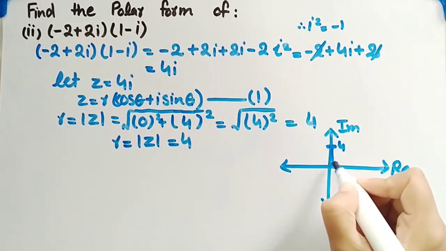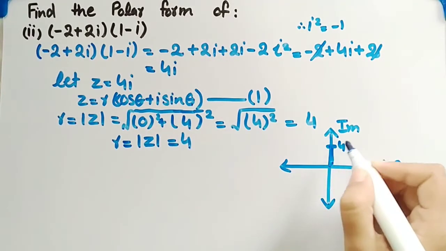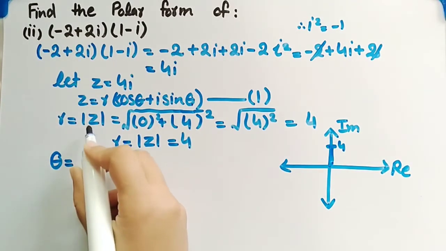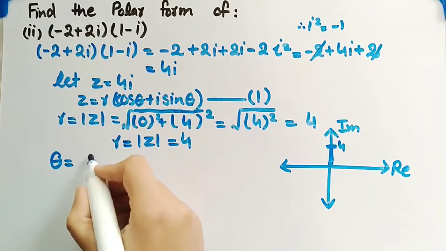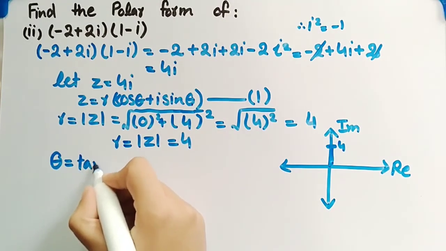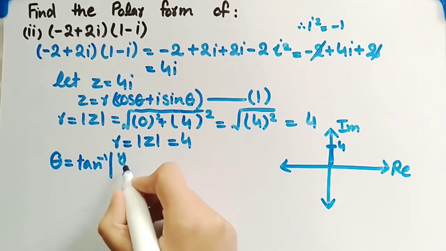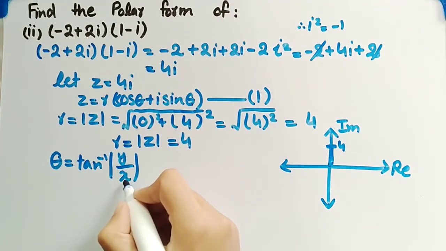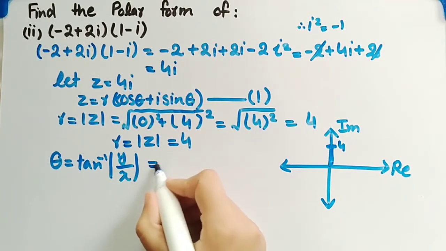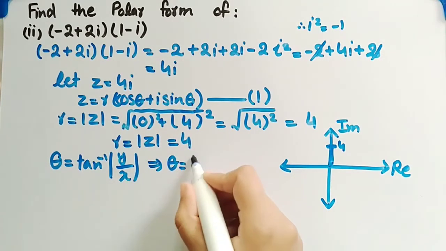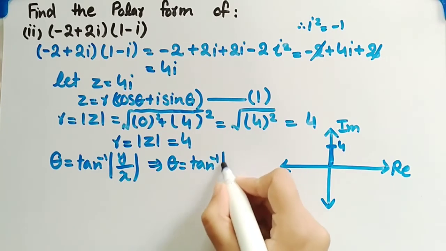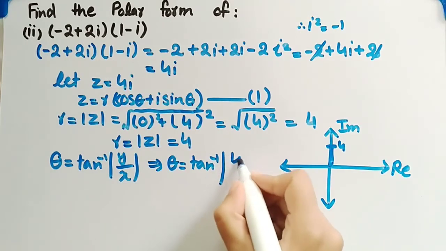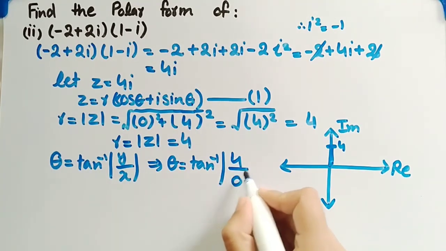When a complex number is on the positive imaginary axis, then the value of theta, the principal argument, is equal to tangent inverse y by x, where y is the imaginary part and x is the real part of the complex number. So in this case, theta is equal to tangent inverse, where the imaginary part y of complex number z is 4 and the real part is 0.